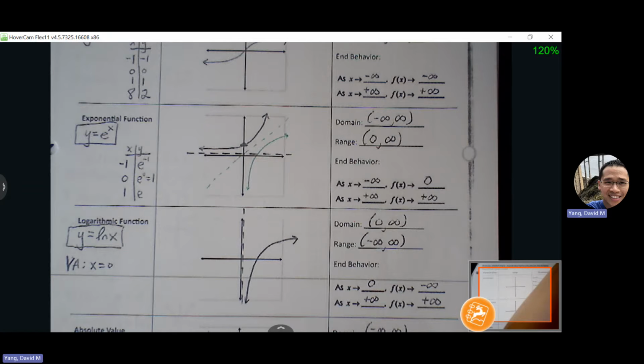So everything that is true for x becomes the property for y, and everything that is true for y becomes the property for x. So it makes sense that everything is flip-flop. Ordered pairs are flip-flop. Properties are flip-flop. Asymptotes are flip-flop. So if we know the shapes of these graphs, then we should be able to look at a transformed graph and at least have some idea where the graph is going to live, as well as how the graph's going to look.